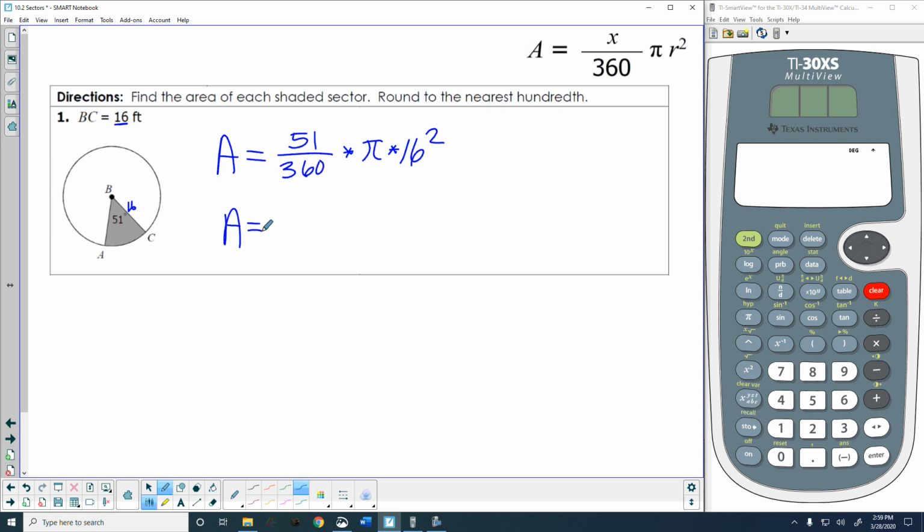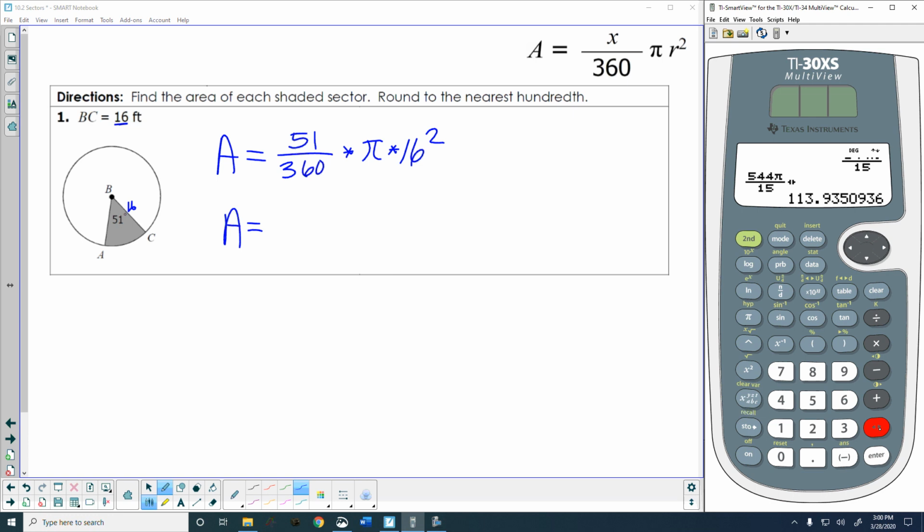There are a lot of ways you could put that into your calculator. Probably for most of you, you're comfortable using that fraction button. So 51 over 360 times pi times the radius squared. Now on a lot of these, your calculator will probably leave it in terms of pi, so just use the little converting button above the enter to get the decimal approximation.